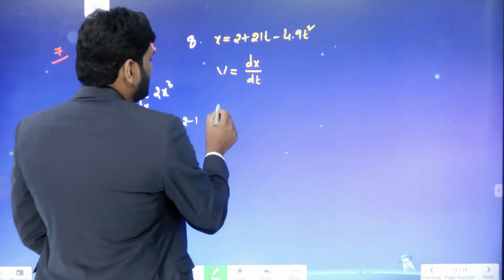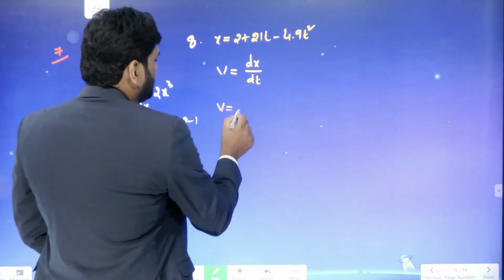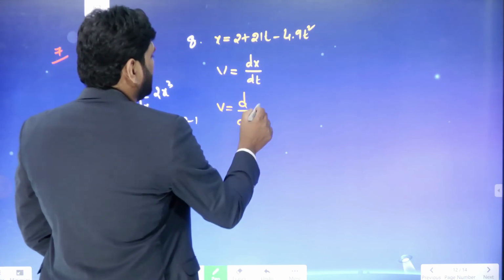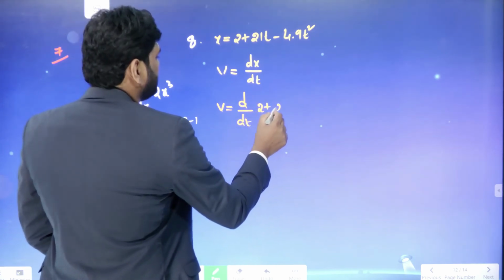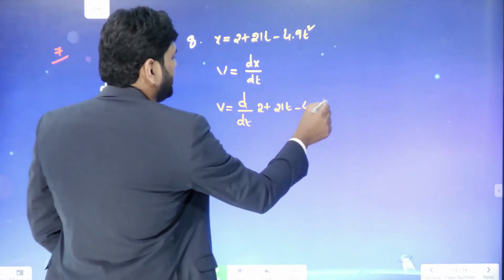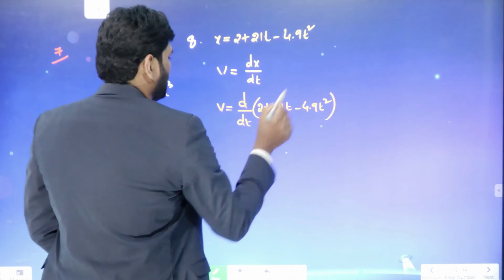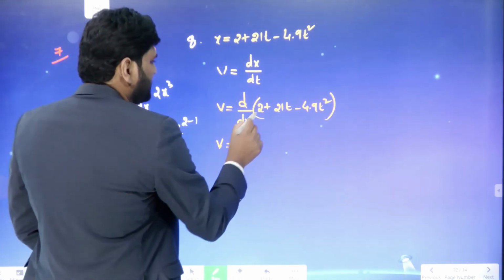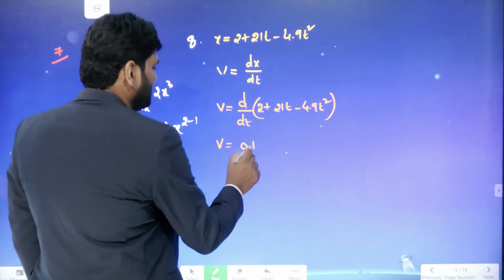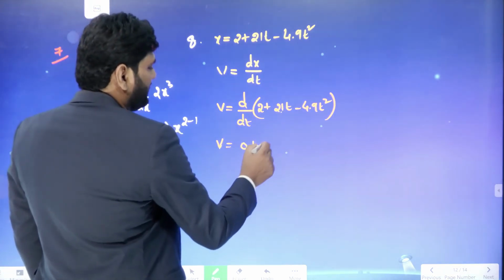Now v is equal to d by dt of 2 plus 21t minus 4.9 t square. So they are asking for differentiation. Actually 2 is a constant. Differentiation of a constant is 0, plus 21.